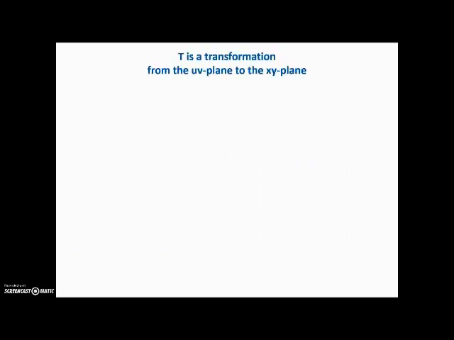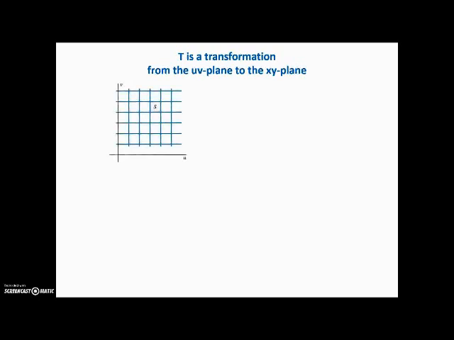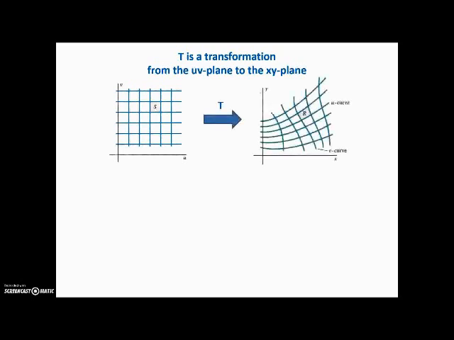Now we're going to define T as a transformation from the uv plane to the xy plane. So here we have a uv plane with a nice vertically and in fact horizontally simple region divided into subregions, and T will transform that net, I guess you could call it, into a curvy net on the xy plane.